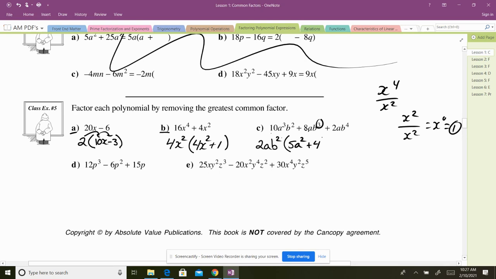If I have 3 b's and I took out 2, how many do I have left? 1 b. Plus 2 divided by 2 is 1. a divided by a is 1, or no a's. b to the 4 over b squared.